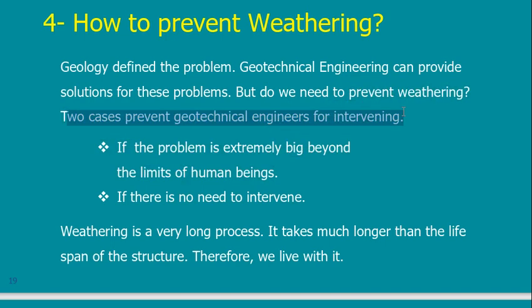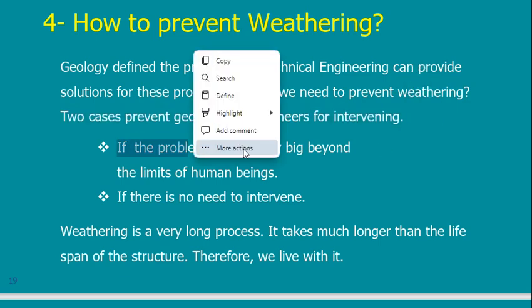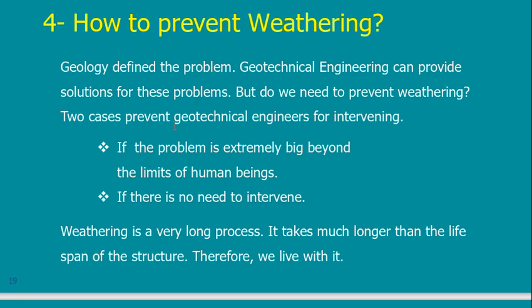Before taking weathering, we have to check this. When should I prevent a geotechnical problem, and when should I not? When should I say I'm not going to interfere, I'm not going to do anything? Because the problem is very big.